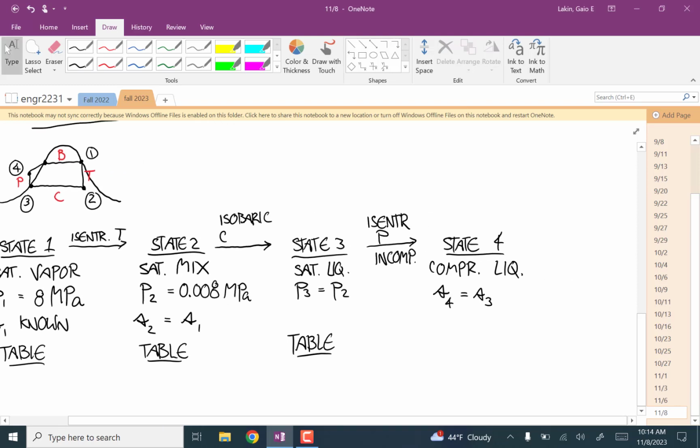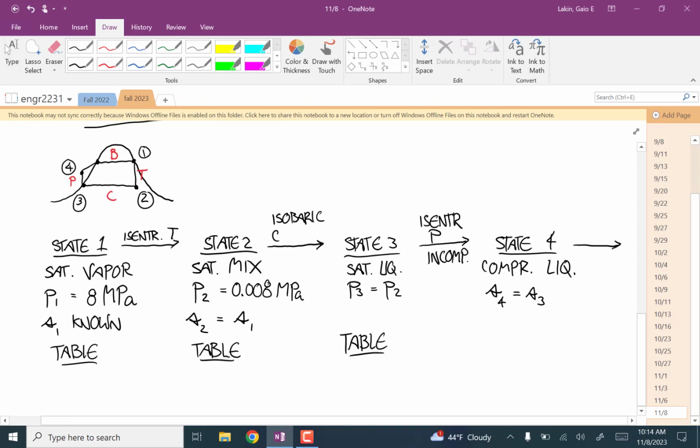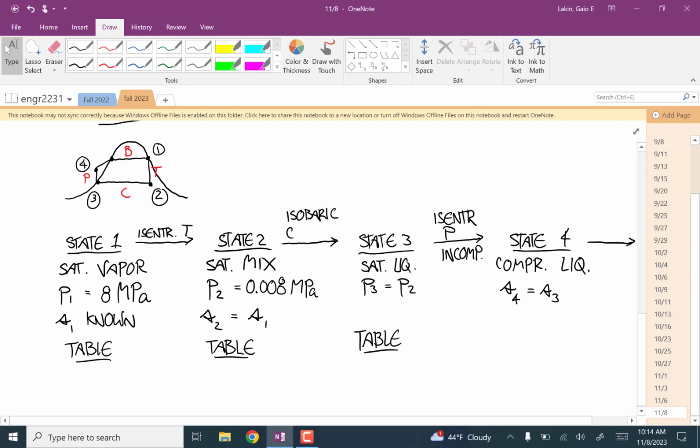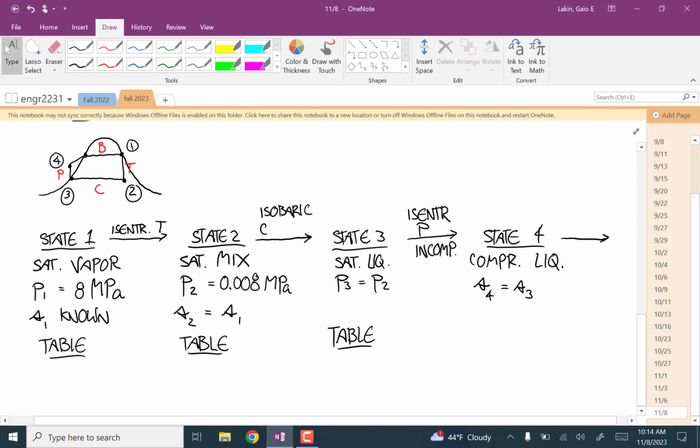And then the last one, state 4 to state 1. That is an isobaric boiler. Well, if that process from 4 to 1 is isobaric and we're given the pressure at state 1, then we know this also.